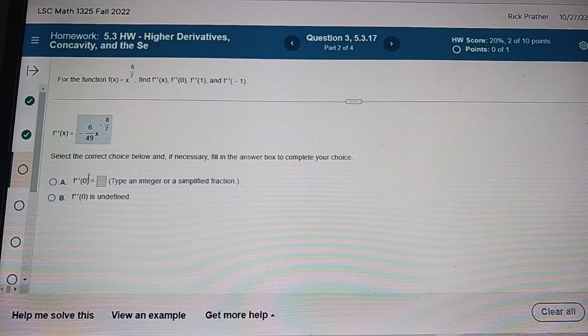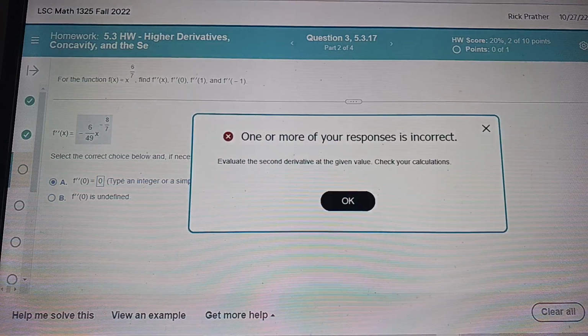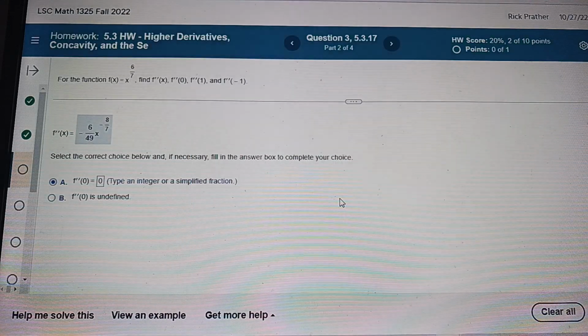Okay, plug 0 in for x. 0 to any power is 0. And then 0 times anything is 0. So this equals 0 exactly. And what that's... type in integer, simplified fraction. Okay. Oh, no, I know it's wrong. Because it's a negative exponent, it would actually be 0 in the denominator. So then it's undefined.